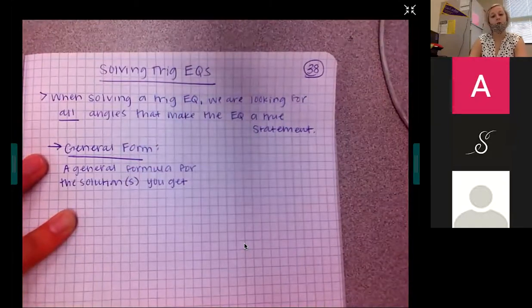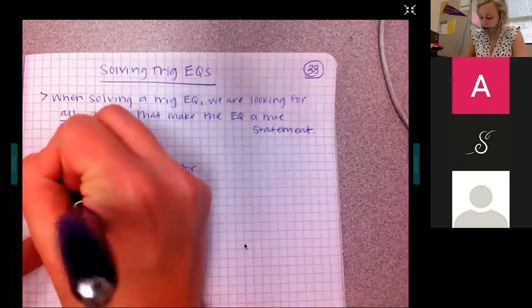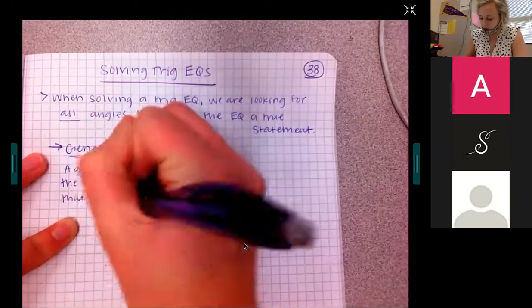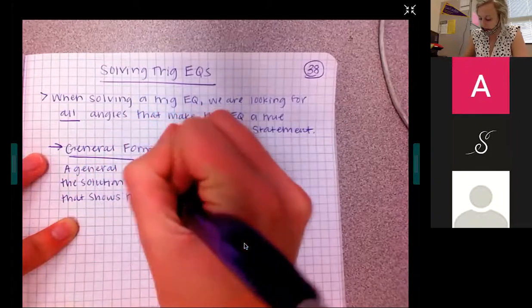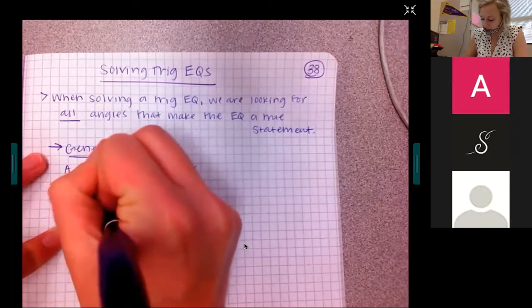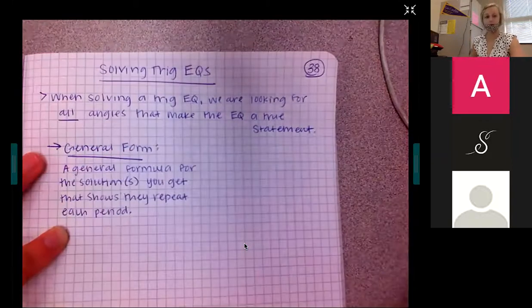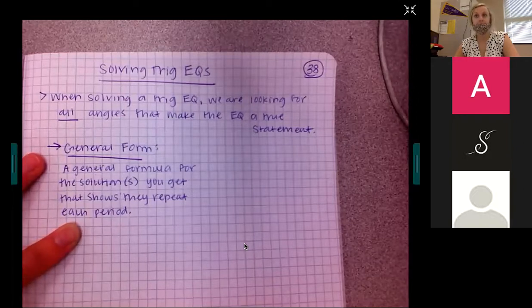A general formula for the solutions you get that shows they repeat each period. It's going to be kind of, yep.